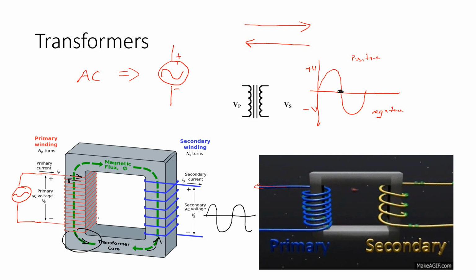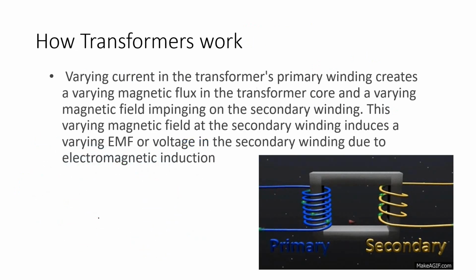Nothing too hard, nothing too easy at the same time, right? So we're going to look at it in greater depth. Now it says varying current in the transformer primary winding creates a varying magnetic flux in the iron core and a varying magnetic field impinging on the secondary winding.